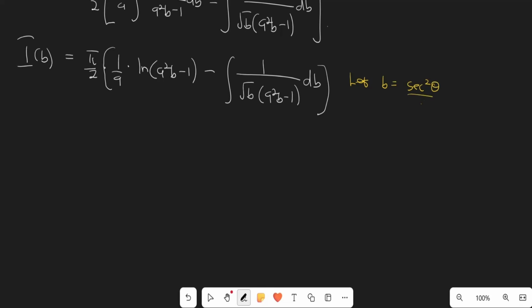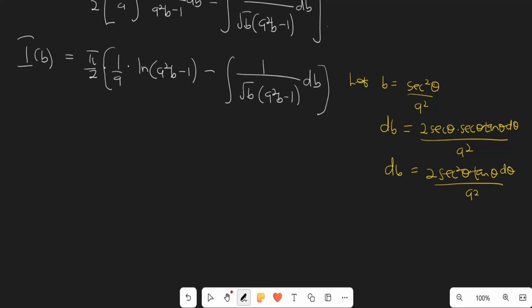So when I do that, db, differentiating with respect to theta, is going to be 2 secant of theta times the derivative of secant of theta, which is secant of theta tangent of theta d theta, all divided by the constant a squared. So db is 2 secant squared of theta tangent of theta d theta all over a squared. So in place of this, I'm going to replace with that.